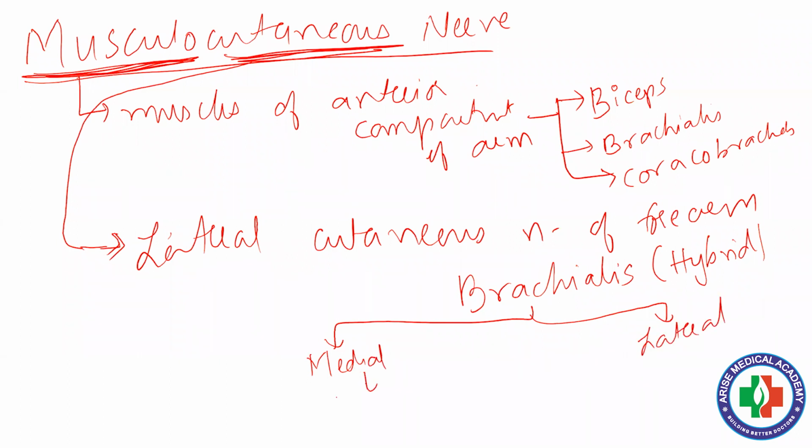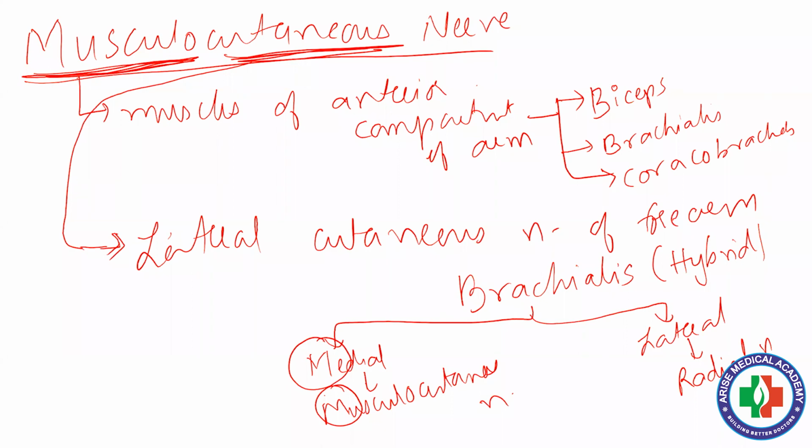The medial part is supplied by musculocutaneous nerve and the lateral part is supplied by radial nerve. So if they ask what is the nerve supply of brachialis, it has dual nerve supply. That is one thing I want you to understand.